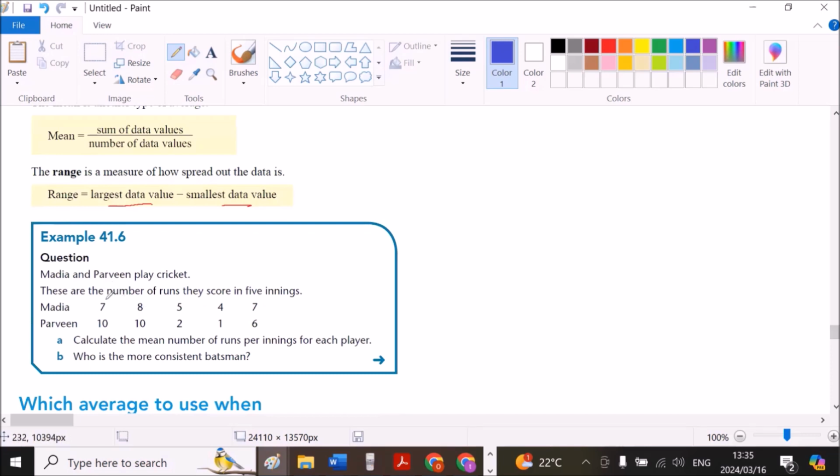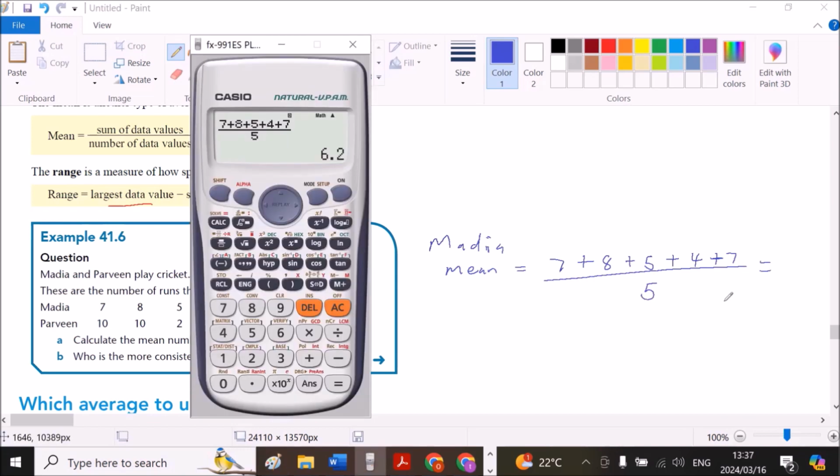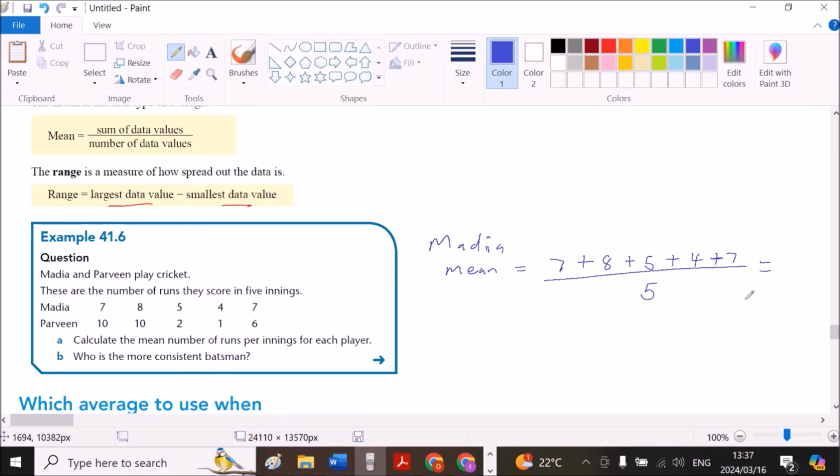Let's look at an example here. Madia and Praveen play cricket. These are the number of runs they score in 5 innings. Calculate the mean number of runs per inning for each player. For Madia, we can say the mean is 7 plus 8 plus 5 plus 4 plus 7 over 5, which is 6.2 runs per inning.